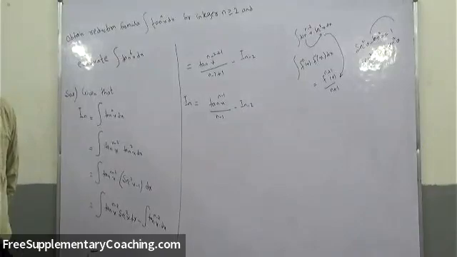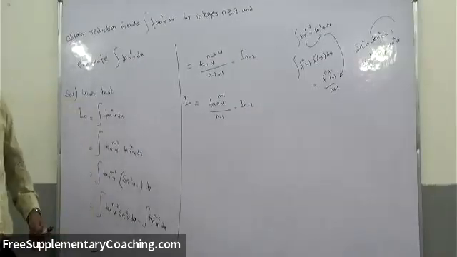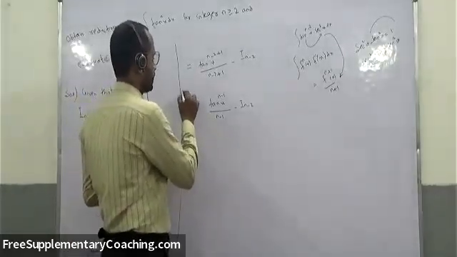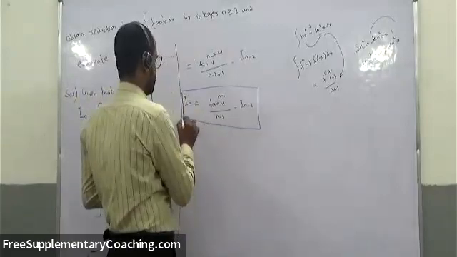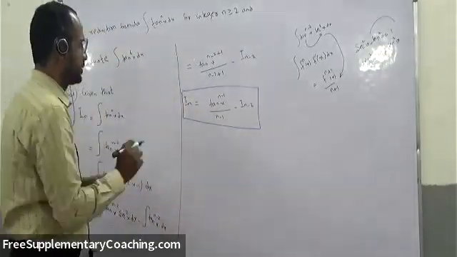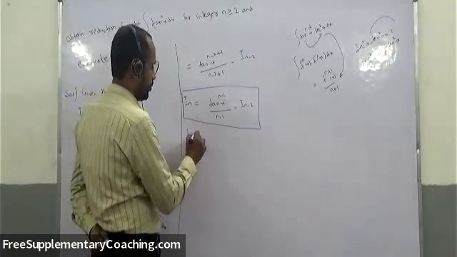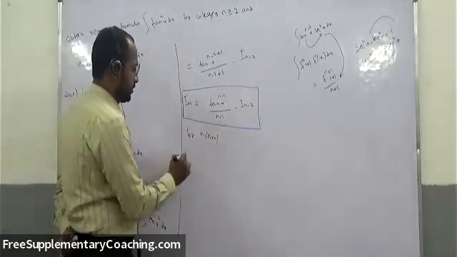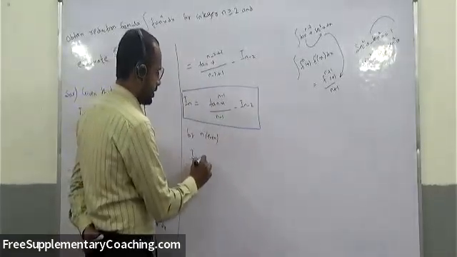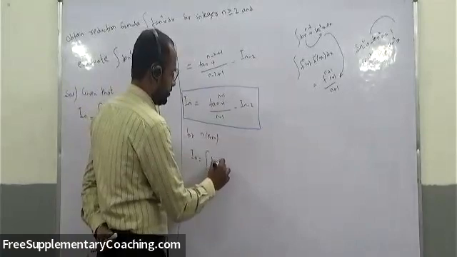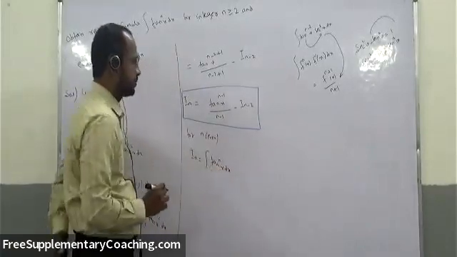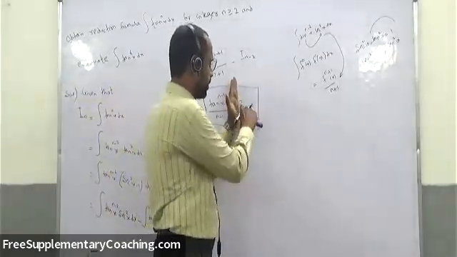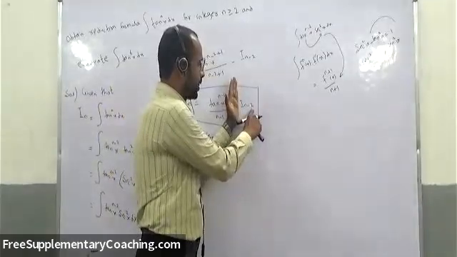Now this particular condition we have to check for odd and even. For n even, basically we have In equal to integration of tan power nx dx. So for the first time, keep the n value here: I2 minus 2 is I naught.